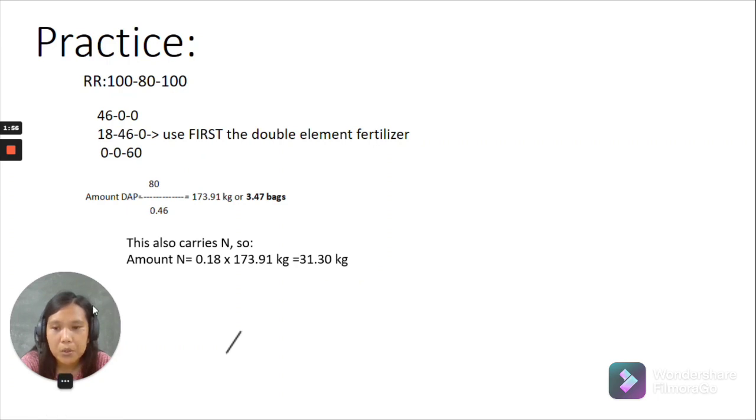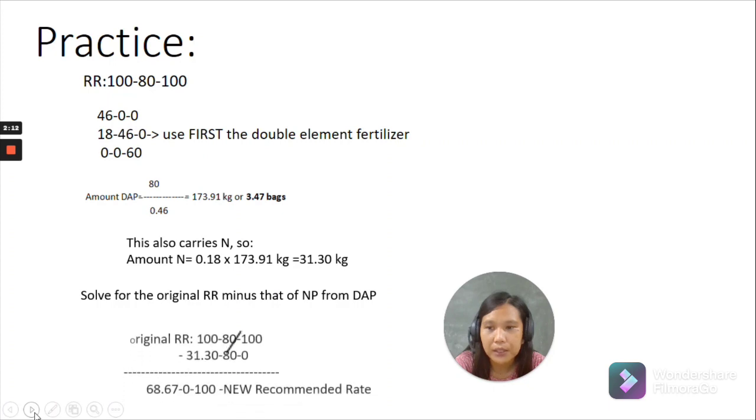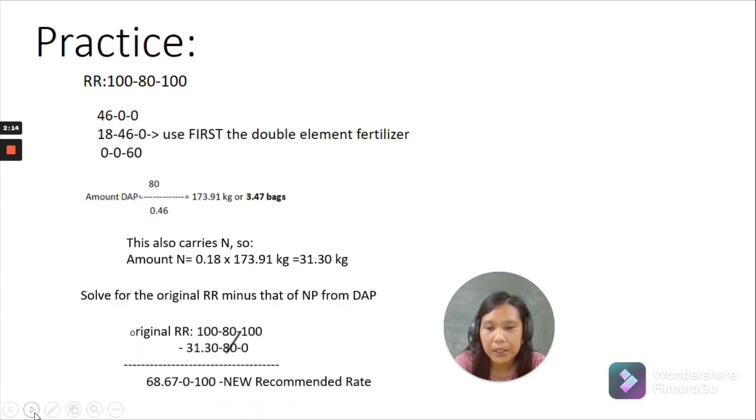So, how do you get the remaining NPK needed? Solve for the original recommended rate minus the nitrogen and phosphorus from diammonium phosphate. Original recommended rate, 180, minus 31.30, minus 80, minus 0.